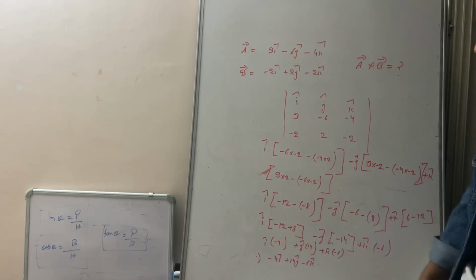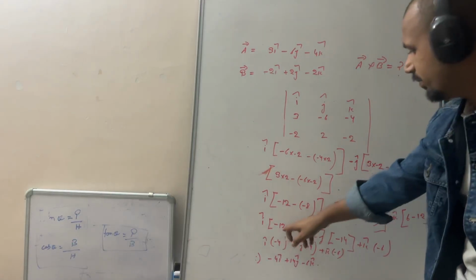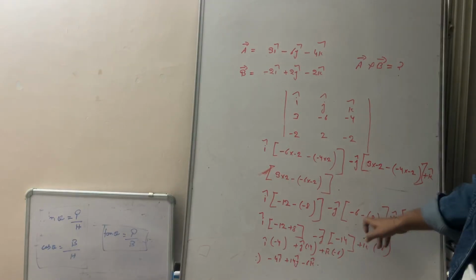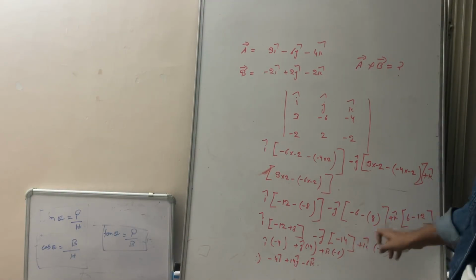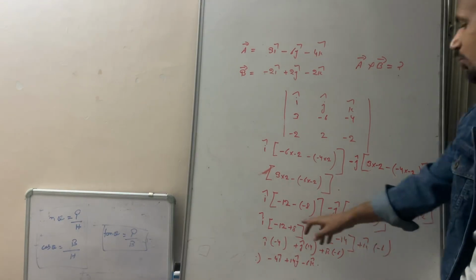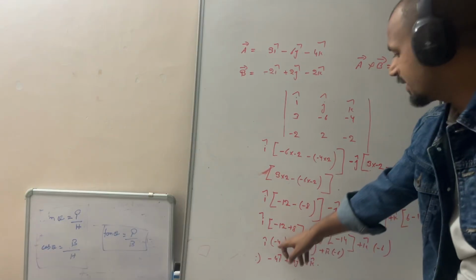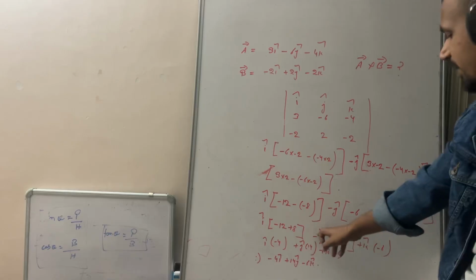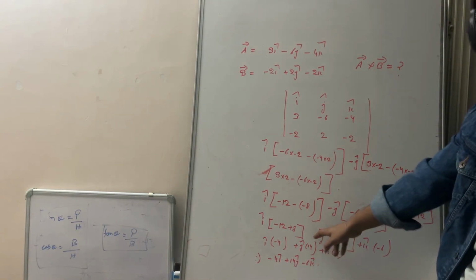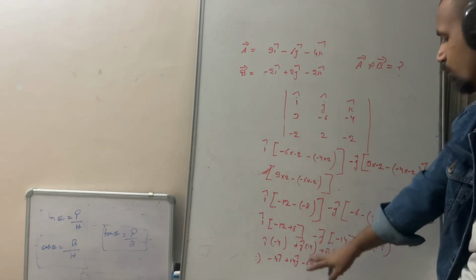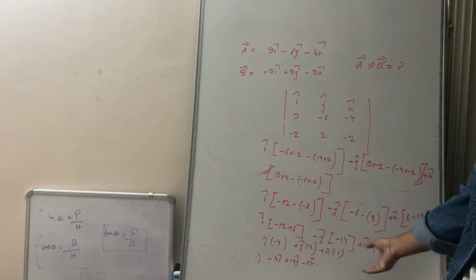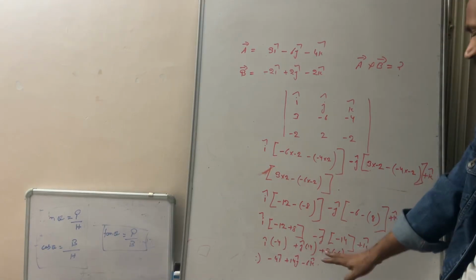Now again: minus 12 plus 8, minus j minus 6 minus 8 becomes minus 14, plus k 6 minus 12 is minus 6. So minus 12 plus 8 is minus 4; we already have minus 14 with a minus, so minus plus becomes 14j, and k is minus 6, which we can write directly as minus 6k.